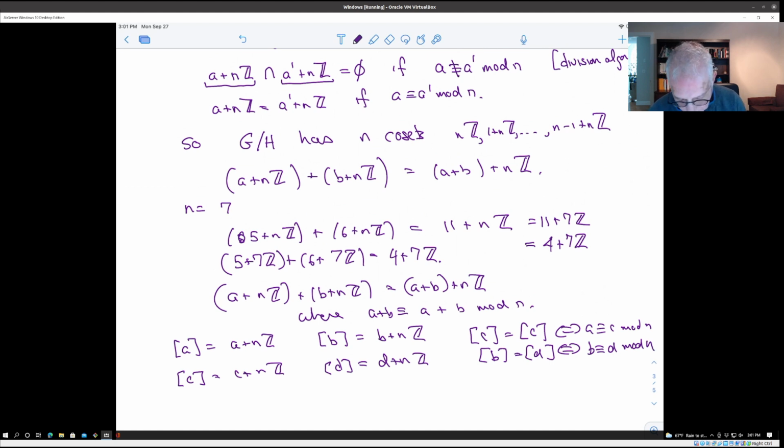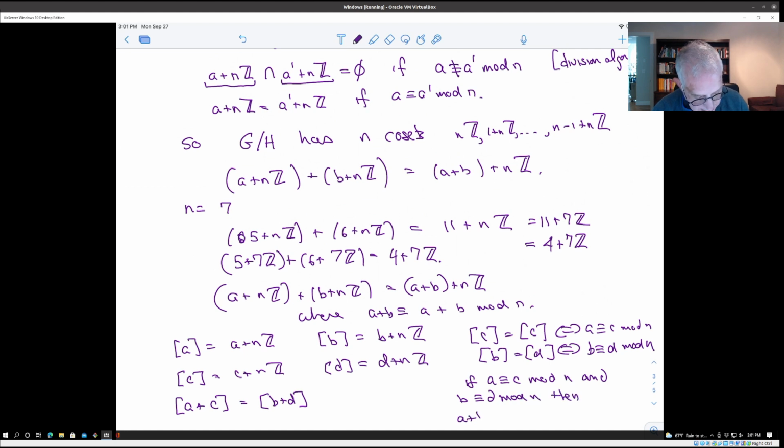And so when you add them, a plus b is equal to c plus d, because if a is congruent to c mod n and b is congruent to d mod n, then a plus b is congruent to c plus d mod n. So you can think of this quotient group construction as a very big generalization of what we did with the integers mod n.